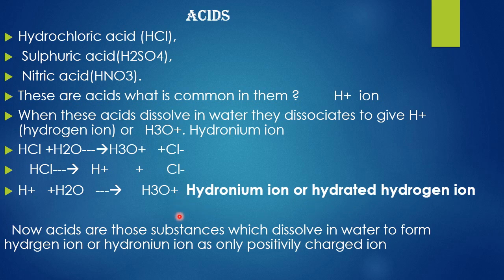So all the acids, whether it's hydrochloric acid, nitric acid, or sulfuric acid, will dissolve in water and form hydrogen ion as the positive ion, which will further combine with a water molecule to form hydronium ion. So remember, all those substances are said to be acids which dissolve in water to form hydrogen ion or hydronium ion as the only positively charged ion.